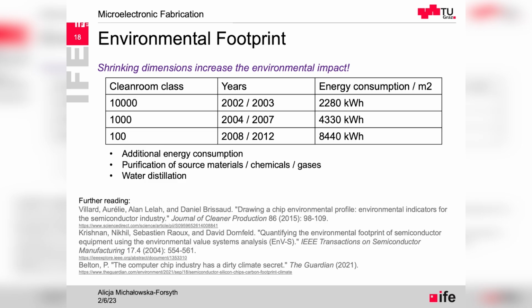There are additional filters and other complicated things behind the clean room control. And we can see that from 2002 over one decade, we have quadrupled the power consumption per square meter, whereas the number of clean rooms is also increasing.